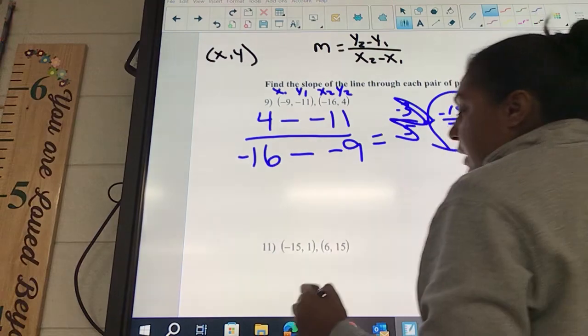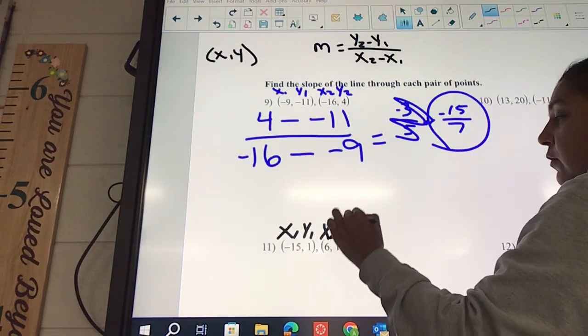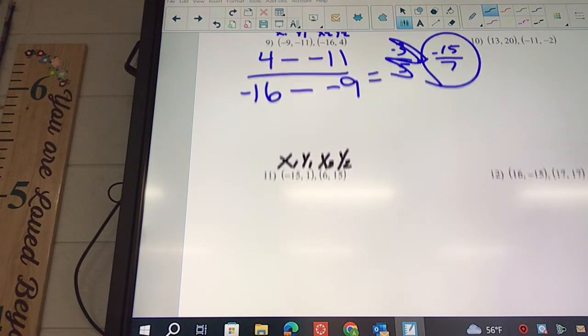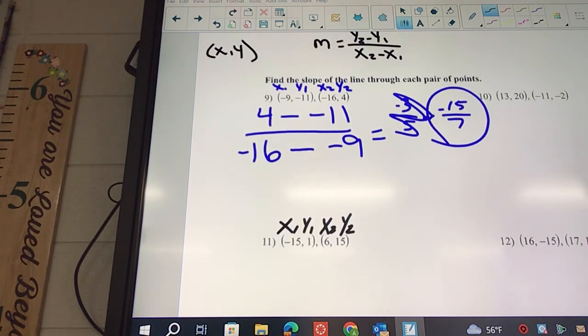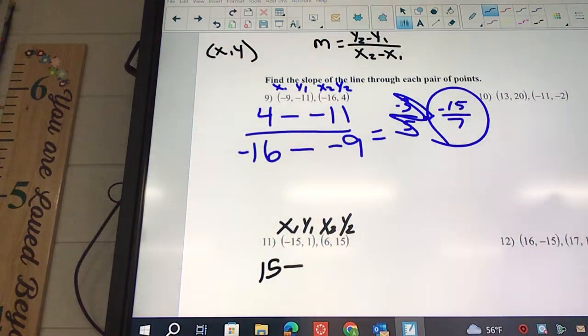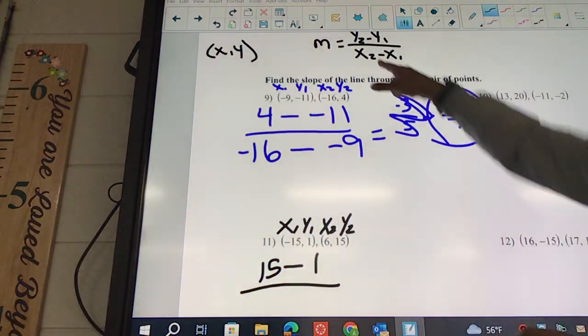Okay, so we can do the same thing with this. We're going to say x1, y1, x2, y2. Okay, and just following with the formula, what is my y2? 15 minus y1, over x2.